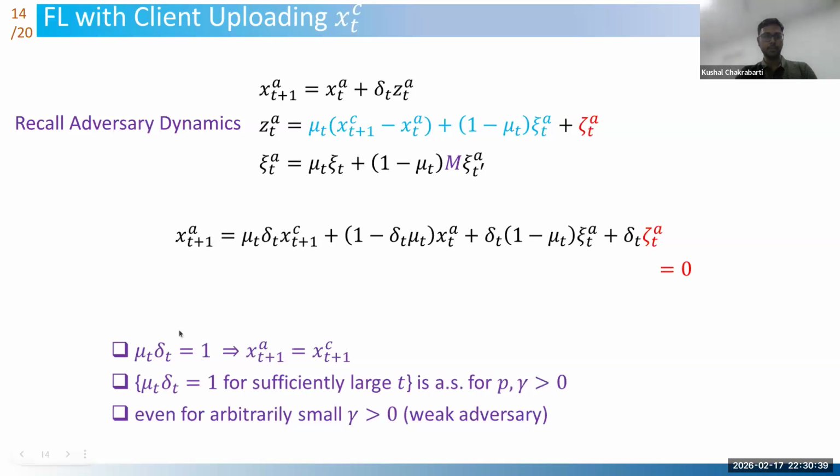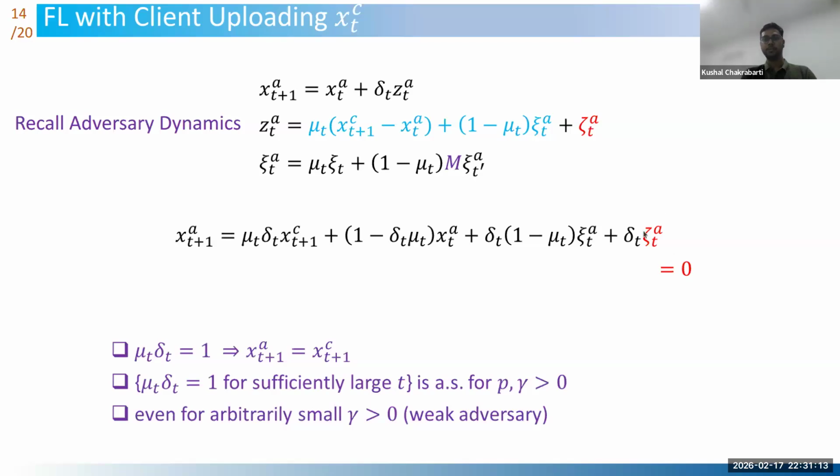Now, if p and gamma, basically the client selection probability and the adversary eavesdropping probability, are non-zero, then if you wait for large enough t, both of these variables become 1. When both mu t and delta t are 1, you can see that the second and the third components vanish. And let's say the adversary is not doing any estimate of the model mismatch, so psi t is set to 0 for all time.